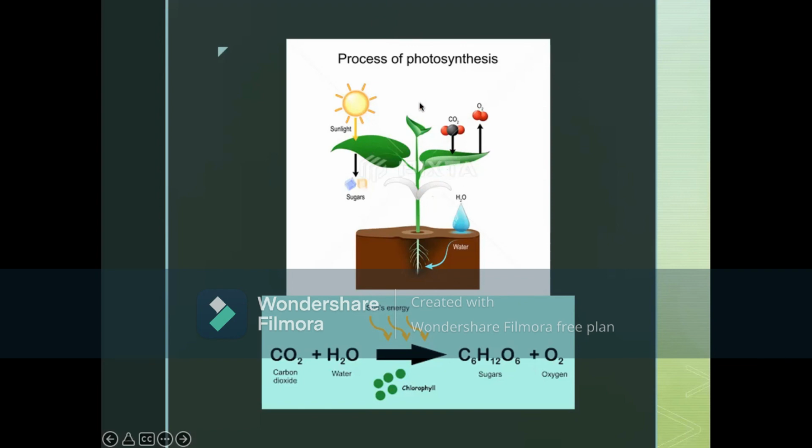These will all combine to produce oxygen, which leaves through the stoma or the stomata out into the air so that we are able to breathe oxygen. And then it produces sugars.